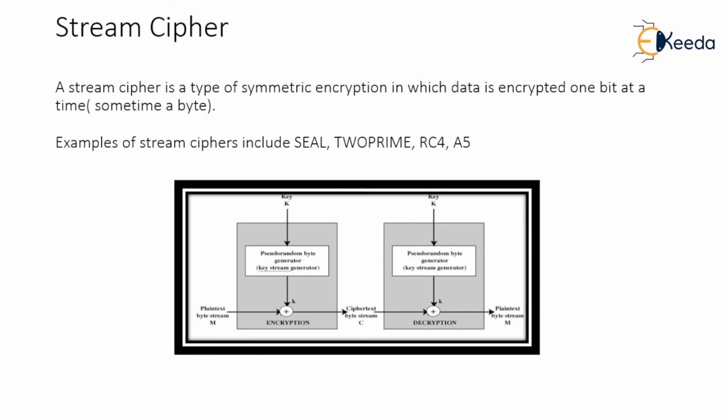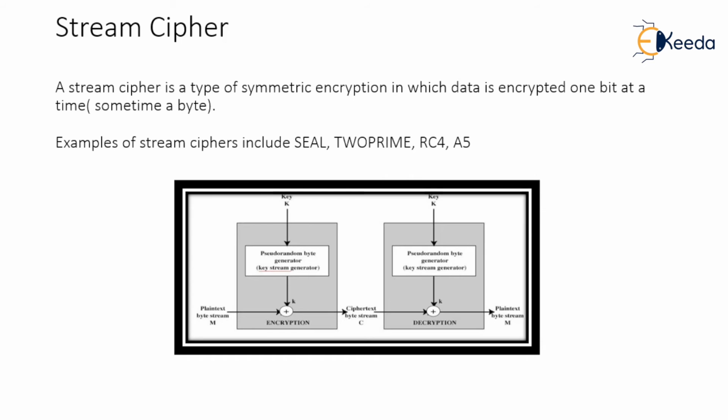In the figure you can see the plain text getting encrypted with the help of a key, and that key is generated by a key stream generator, which is nothing but a pseudo random byte generator.